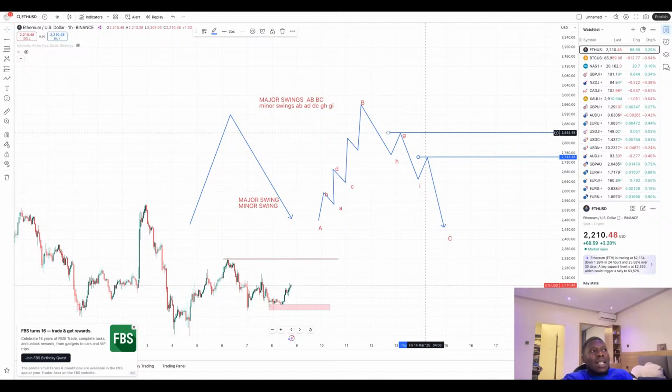It's not that the market is not going to react at these points. Don't get me wrong, the market can always react at any support or resistance, but there is an area that ought to be your area of interest. Where are you looking to buy or where are you looking to sell? It's not going to be every support and every resistance in the market.